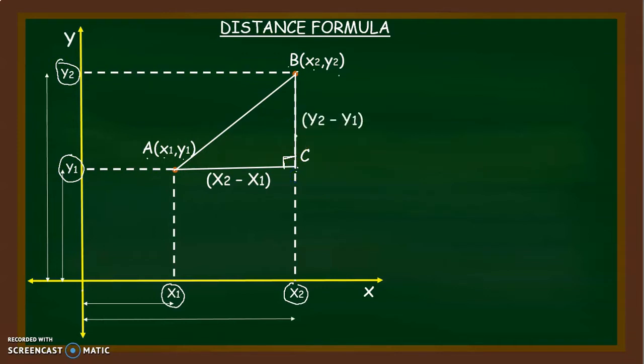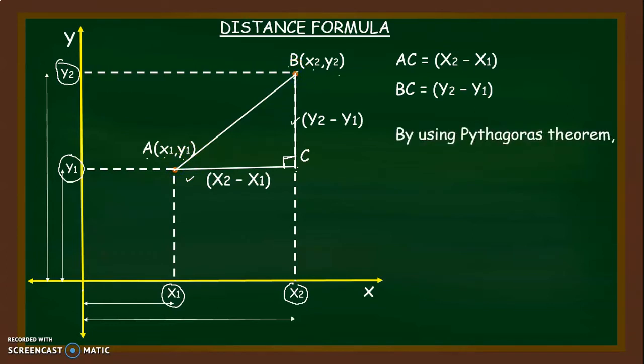So here we can write that AC is equal to x2 minus x1 and BC is equal to y2 minus y1. So in this right angle triangle ABC, we have found the value of two sides of the triangle. Now we can find out the length of line AB by using the Pythagoras theorem. We can write AB square is equal to AC square plus BC square.